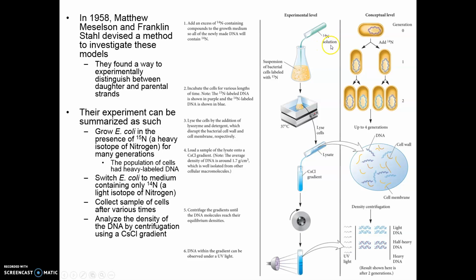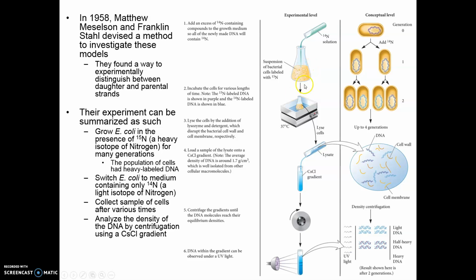Here is nitrogen 14. So here are bacteria that were originally grown in the presence of only nitrogen 15. So everything inside of it is built out of nitrogen 15.